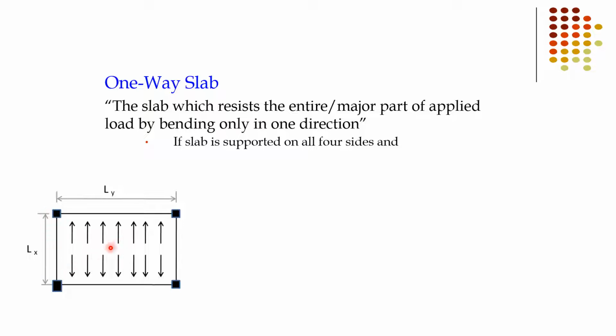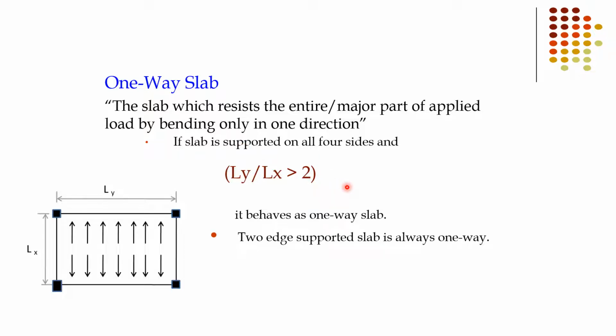Then the behavior of the load transfer will be unidirectional, in this direction only. So that's why this type of slab is called a one-way slab. And the condition by the code is, if the longer to shorter dimension ratio is greater than 2, then that slab is called a one-way slab. It behaves as a one-way slab if this ratio comes.